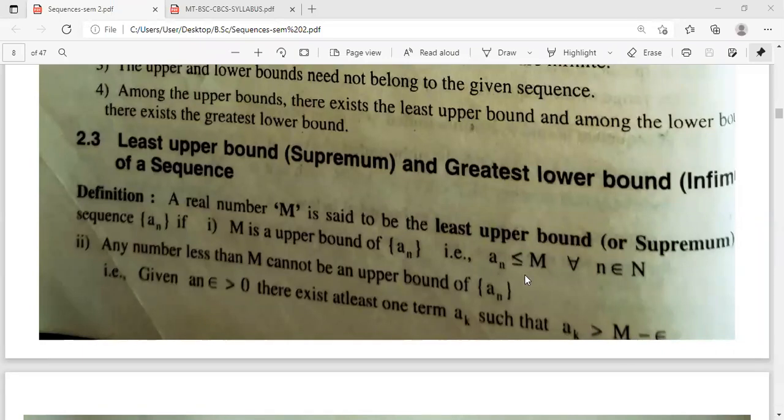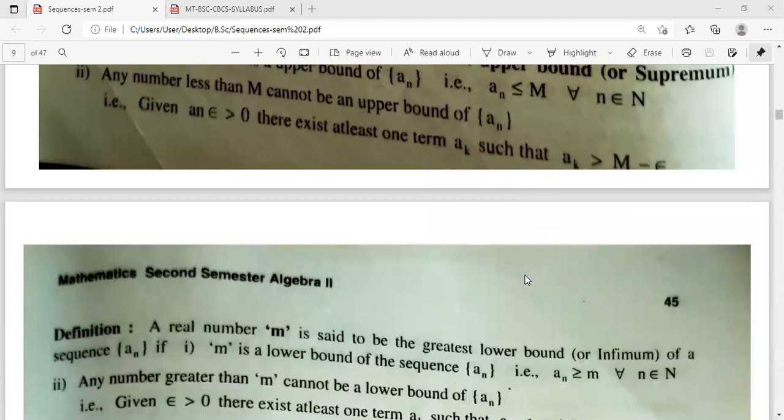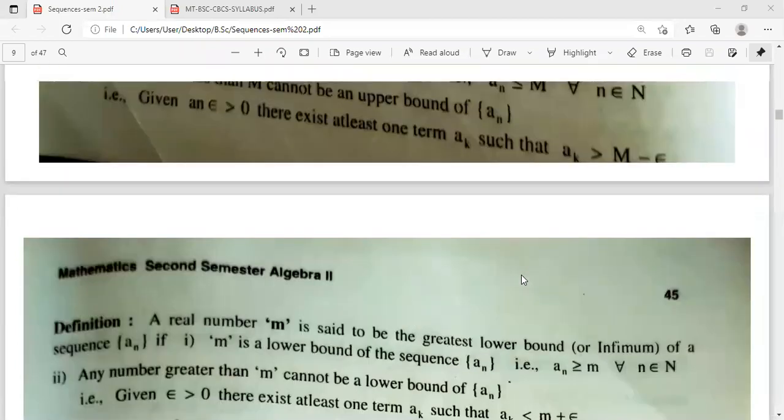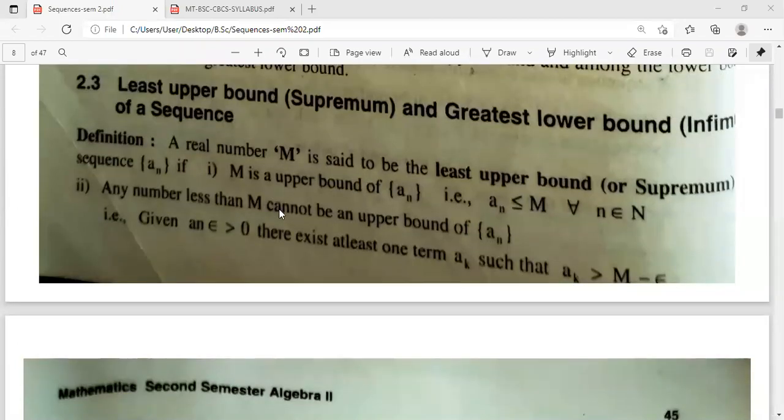That means any number that is less than M cannot be an upper bound of the sequence.